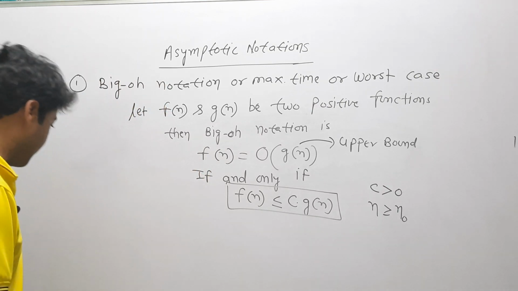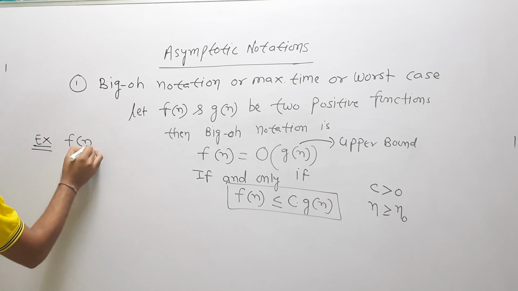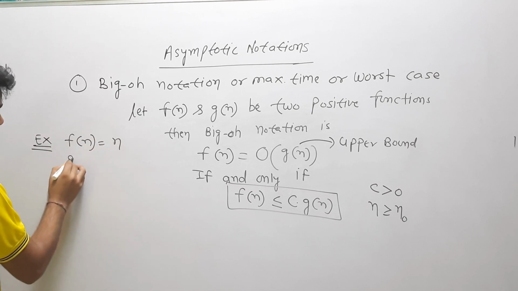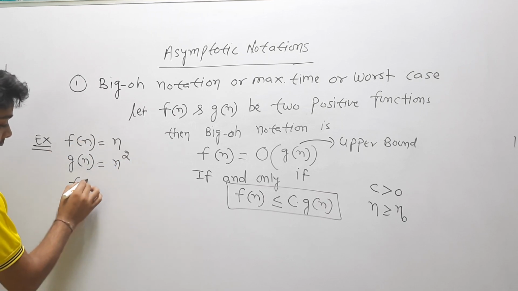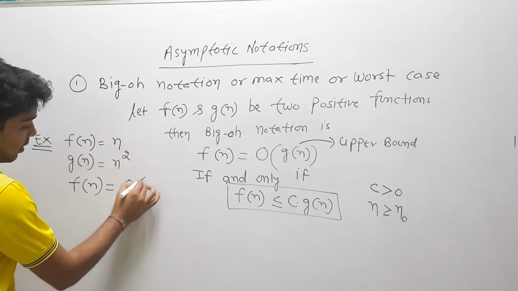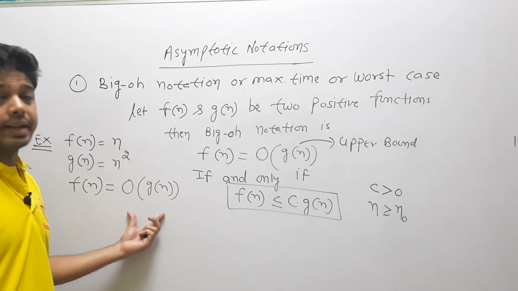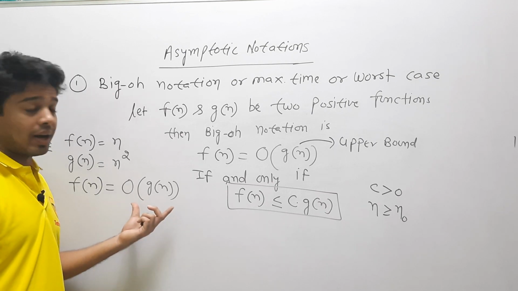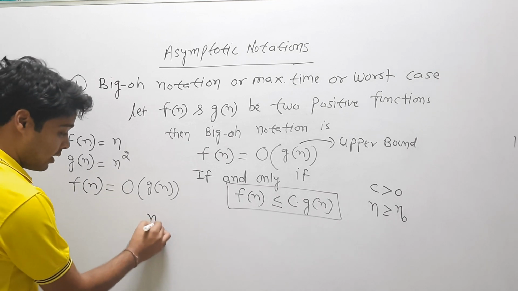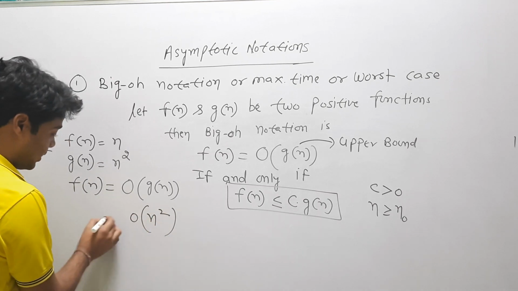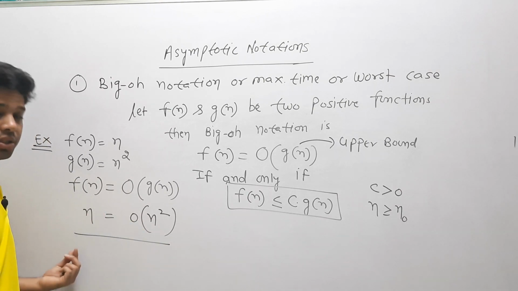Suppose I am taking an example here. Fn is n and Gn is n square. So we can say Fn is big O of Gn. If Fn is big O of Gn, that means the growth rate of Gn must be larger than n here. We know n square growth rate is much larger than n.